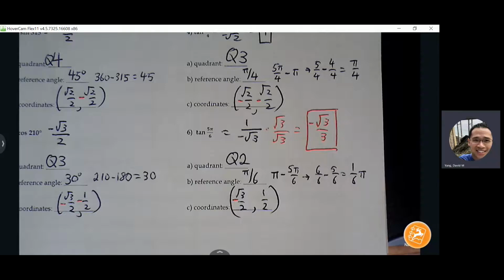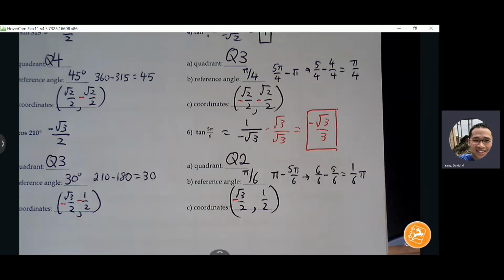This is a nice strategy, especially if you have the unit circle in front of you. But later on, if we want to find a quick angle, we don't want to create a whole unit circle just for one problem or just for two problems, right?